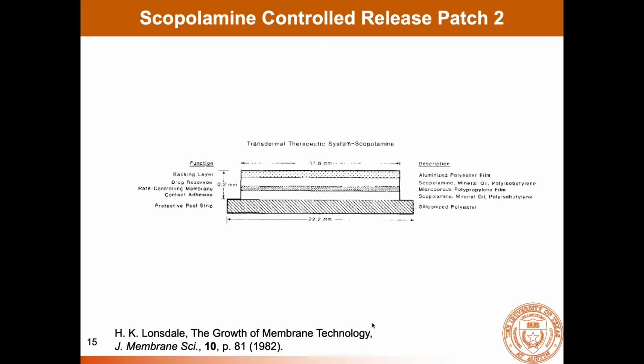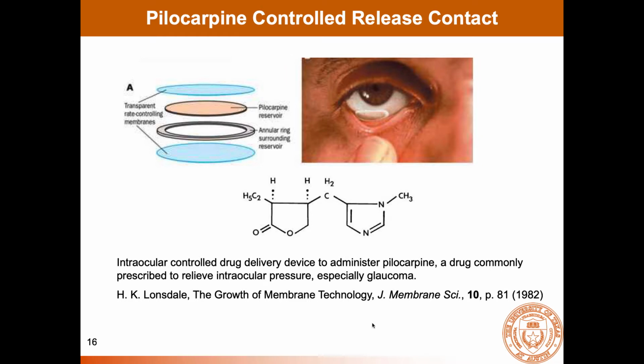The scopolamine is on this side of the rate controlling membrane, so that you get fast initial release, and then there's a reservoir of it on the back side. This microporous polypropylene film then gates the release of scopolamine out of the device, across the skin and into the bloodstream. So you can see it's a simple device the way it's set up.